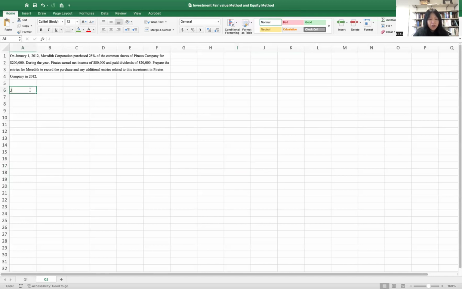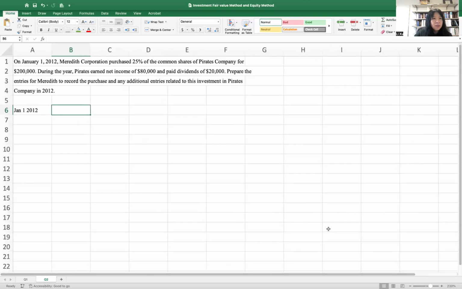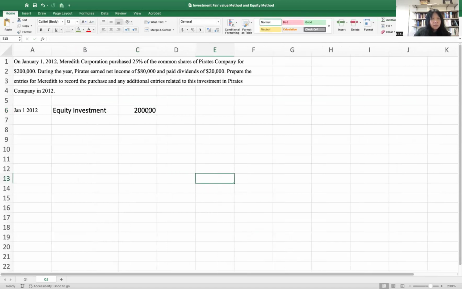Therefore, the first journal entry you should have is on January 1st, 2012. What happened is you purchased 25% of the stocks, a very straightforward journal entry: debit equity investment 200, and credit cash 200.